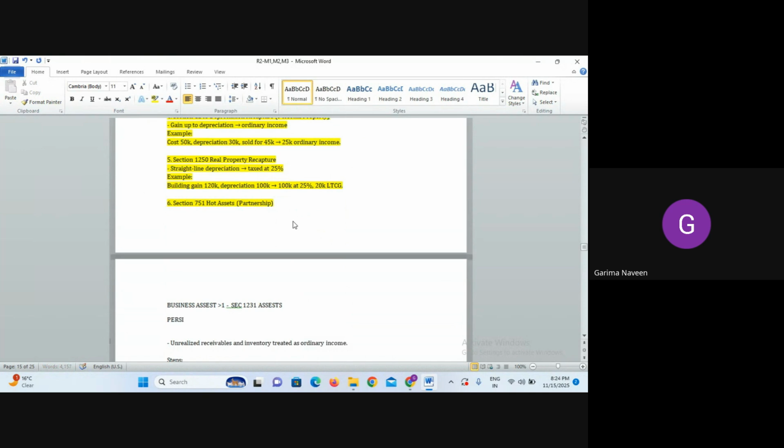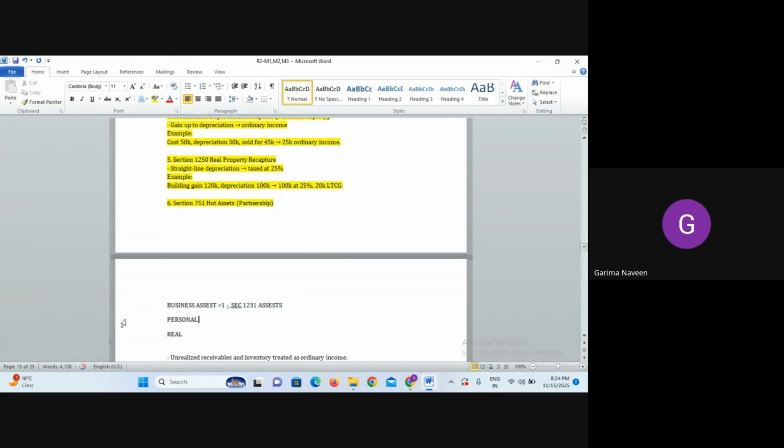First is personal, second is real. Personal means movable assets like your machinery, your equipment, or any transportation.